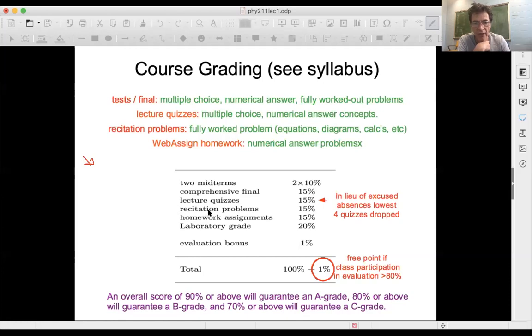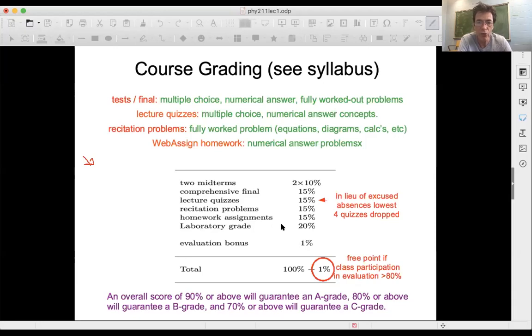I mentioned that there's homework associated with the recitations. You'll hear about that in Wednesday's recitation class in a little bit more detail, but here's the assignment for the recitations. Then there's the WebAssign homework, and that's listed here. And then there's a lab grade, and that's listed here.